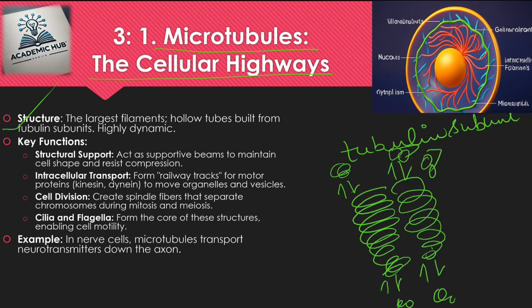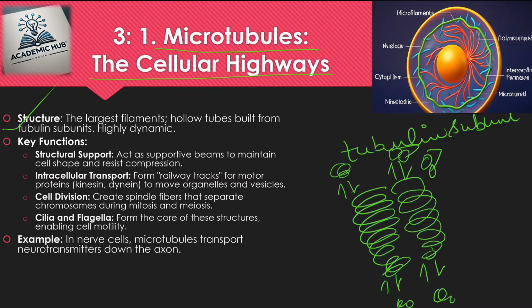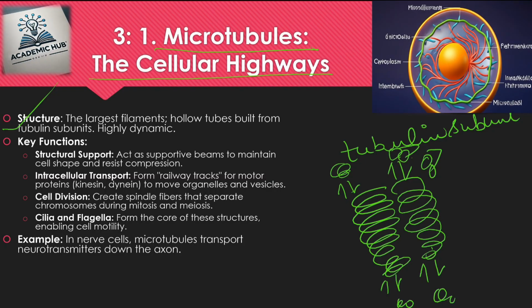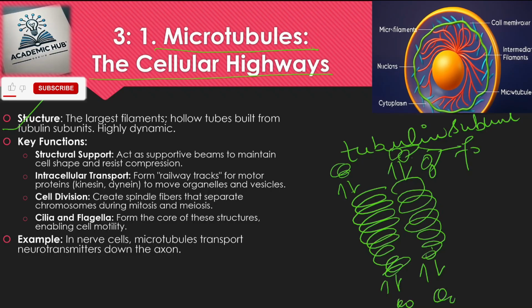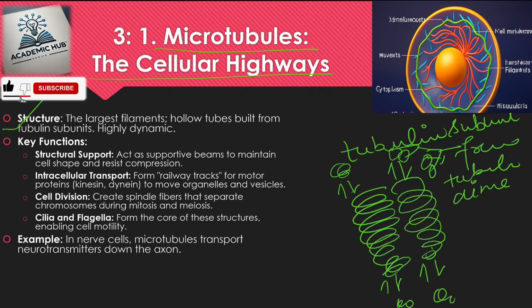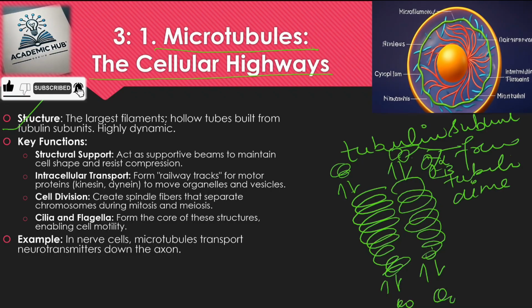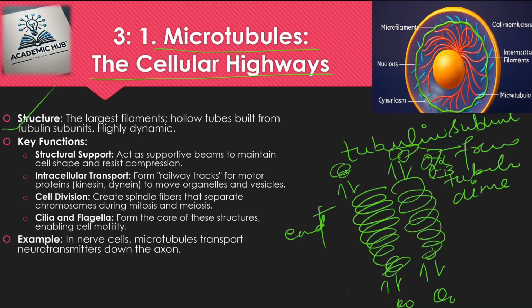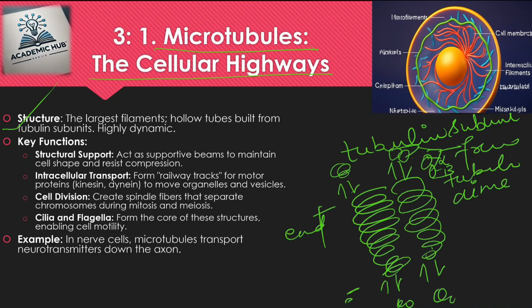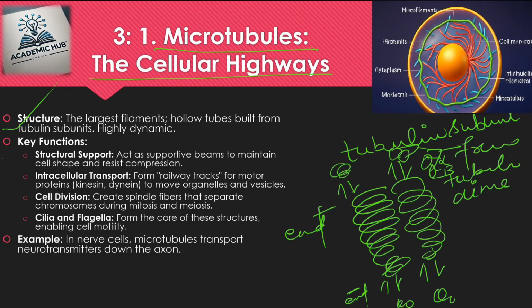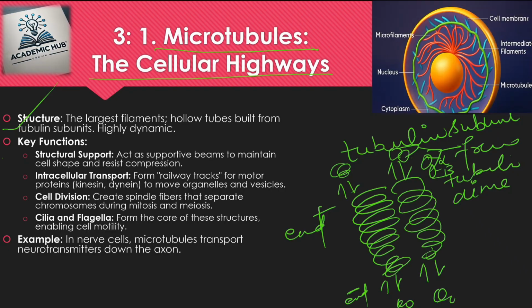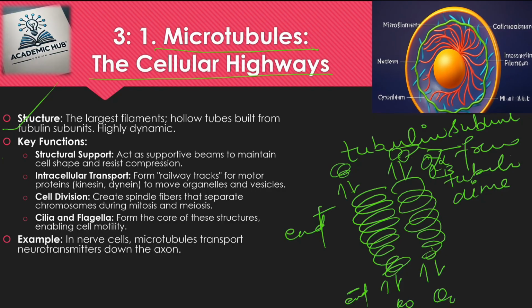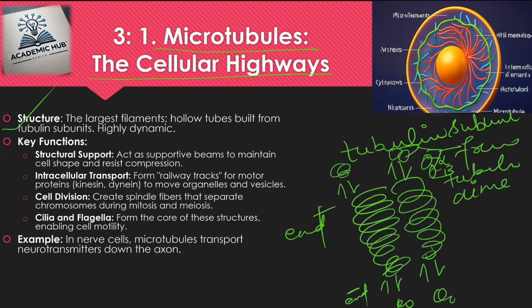These are known as the free tubulin dimer, and this is alpha and this is beta. This is the positive end where the protein molecules are attaching, and this is the negative end where they are detaching.